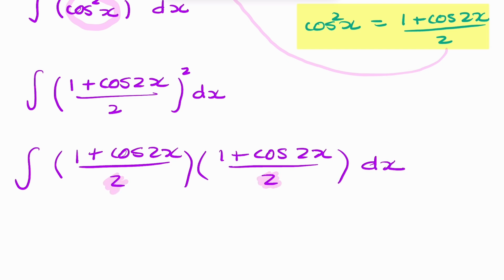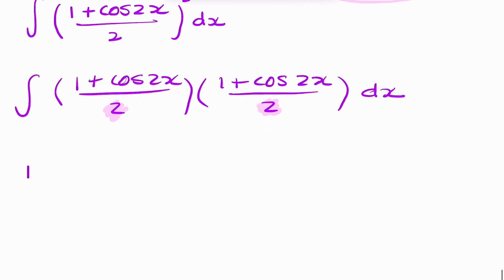These 2's are annoying. Let's just multiply the two 2's into 4 in the denominator, and then we have something a little bit more manageable.